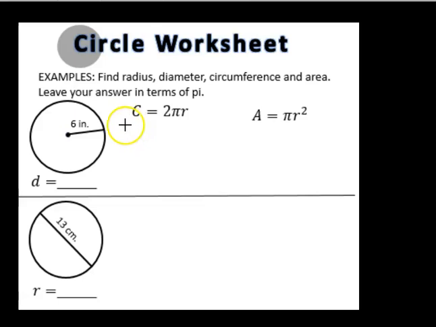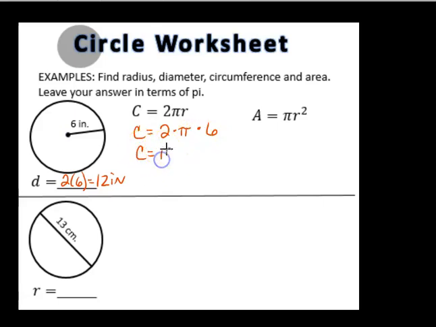All right. So again, we're given the radius of 6. My diameter would be 2 times that. Circumference is 2 pi r. We've been doing pi d, but you can use 2 pi r. So 2 times pi times the radius of 6, and 2 times 6 is 12.